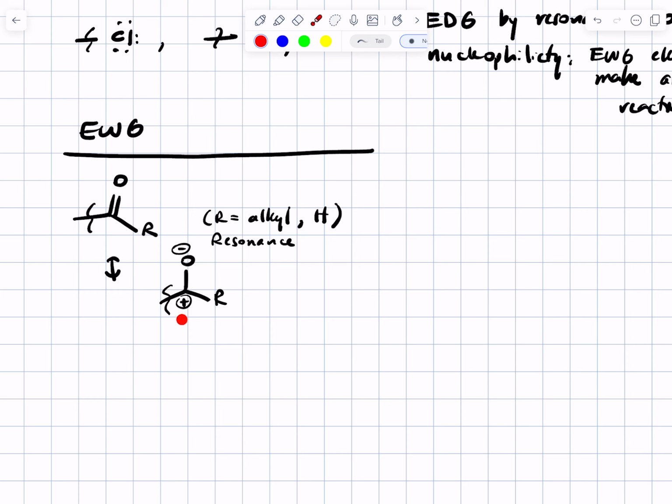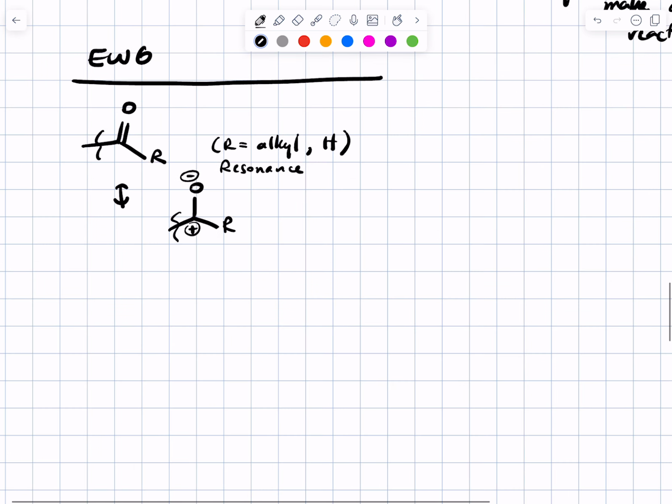So you should be able to see how that would withdraw electron density away from the ring. Similarly, for similar reasons, the sulfonic acid group and the nitro group are electron withdrawing groups by resonance.